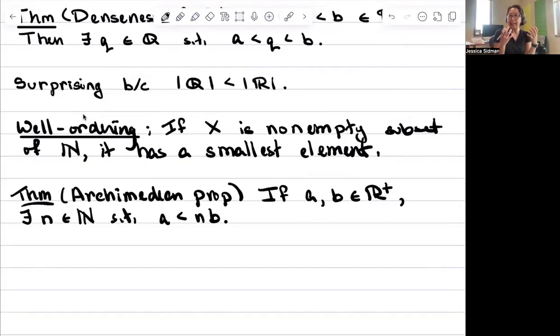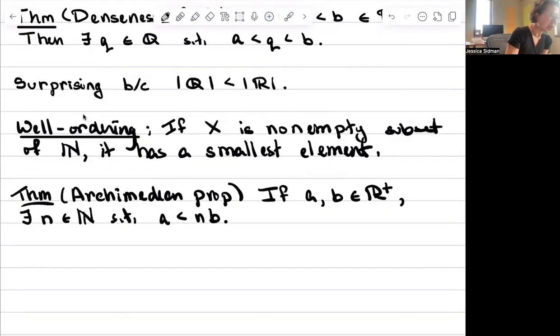Even if I made b really, really small, like 0.00001 or something like that, if I took a big enough natural number n, I could make n times b bigger than any fixed number a.